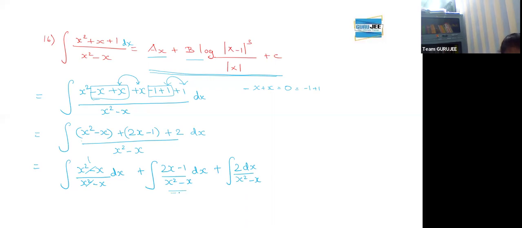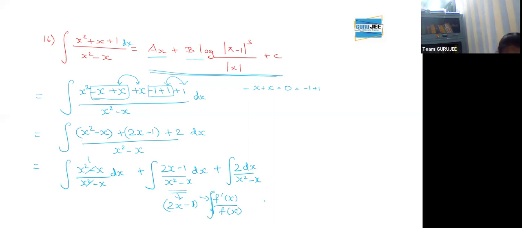When you differentiate this, the result will be 2x minus 1. Is it not? For x square you will get 2x, for x you will get 1. 2x minus 1 results. Unfortunately, this term is in the format f dash of x divided by f of x. Check your rules.